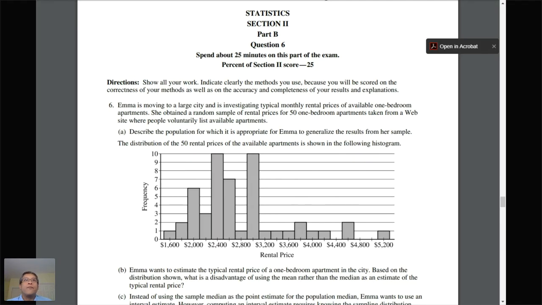Okay. And so when you write a question like this, you not only have to correctly identify that the mean will be larger than the median, it would be appropriate for you to say that the median is a more accurate representation of the rental prices that people actually experience.